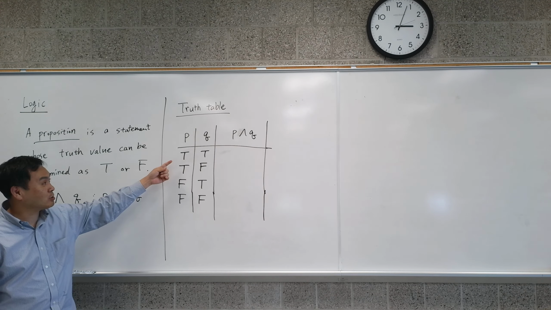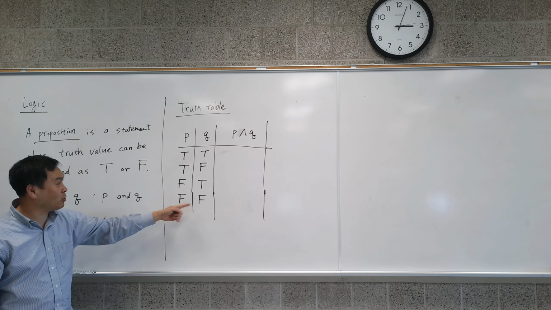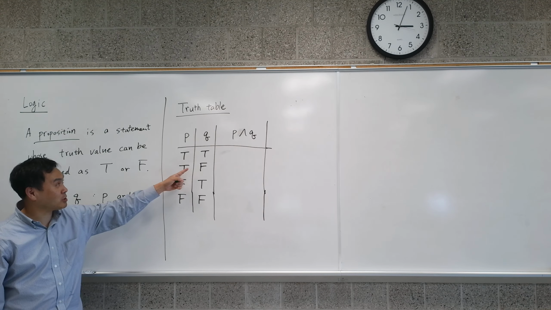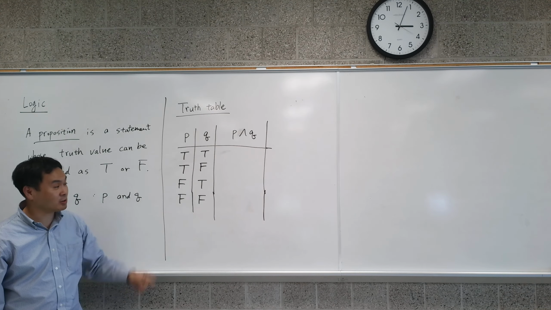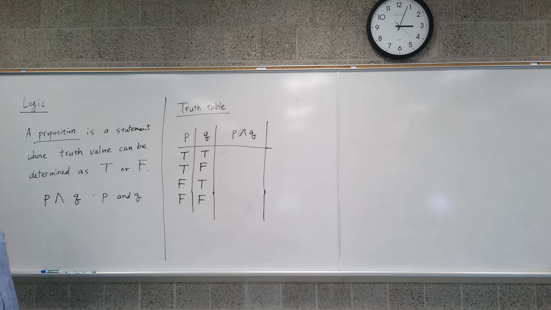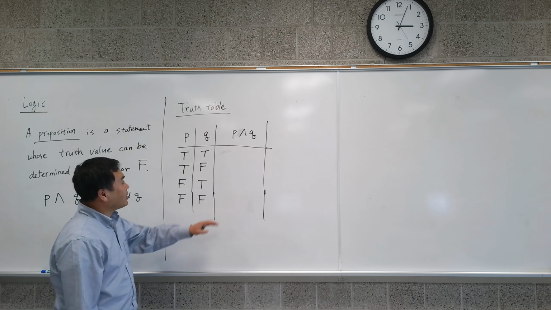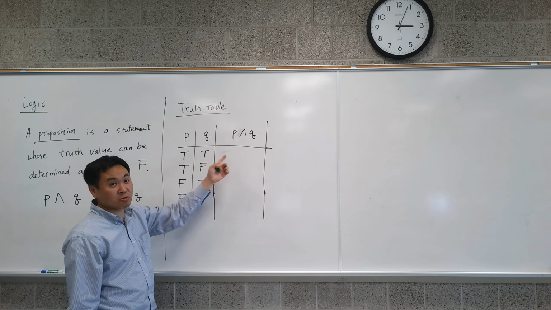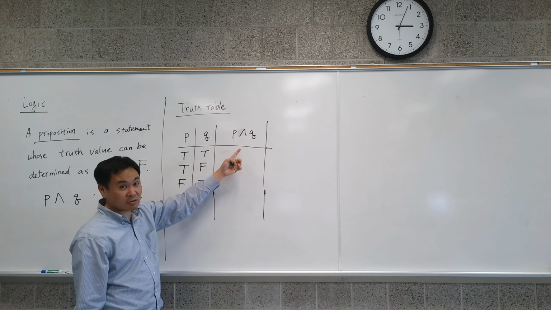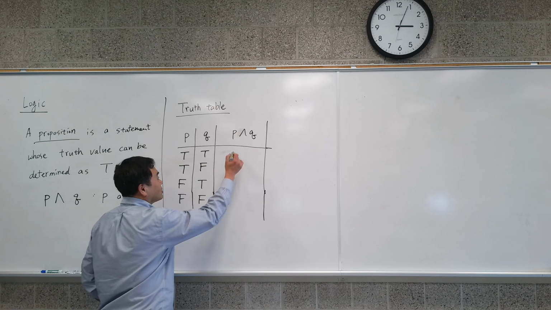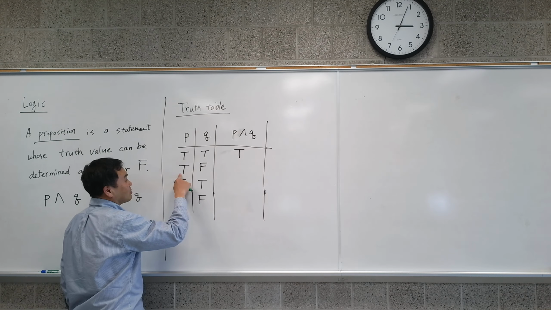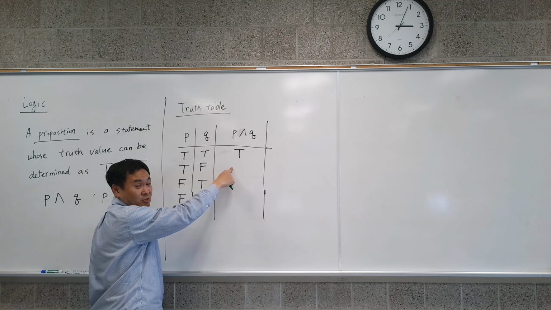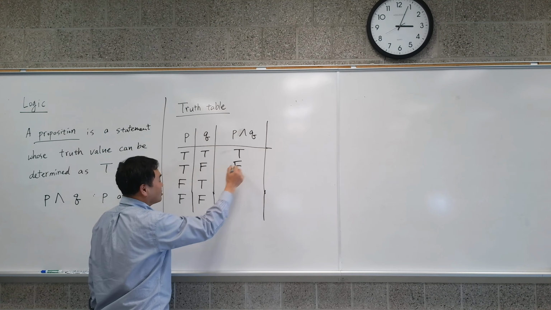It could be they're both true, both false, or one of them true. It could be like P is true and Q is false, and vice versa. Okay, in that case, what happens to P and Q? If P and Q are both true, then we know that P and Q is true. Right? How about this? If P is true but Q is false, can you say P and Q? False. It will be false. Same thing here.